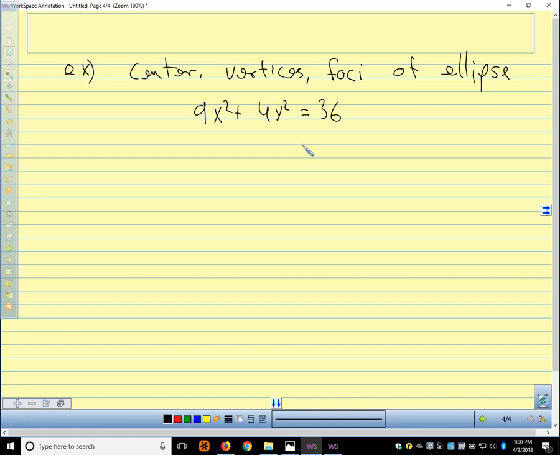Now the key here, just like with parabolas, is the first thing we want to do is write it in standard form.